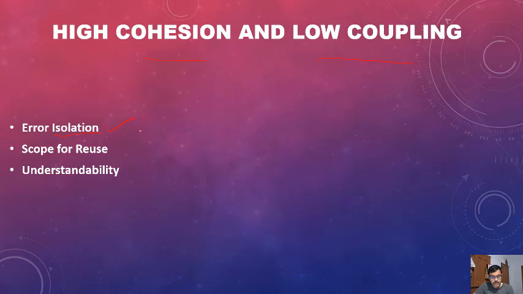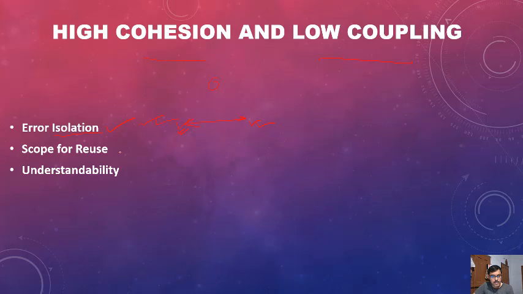So if there is high coupling or low cohesion, in that case these functionalities may affect other modules' functionalities, and high coupling means there is heavy data interaction between these two modules, and in that case any problem or failure in this module may affect the other module also. So this is the error isolation.